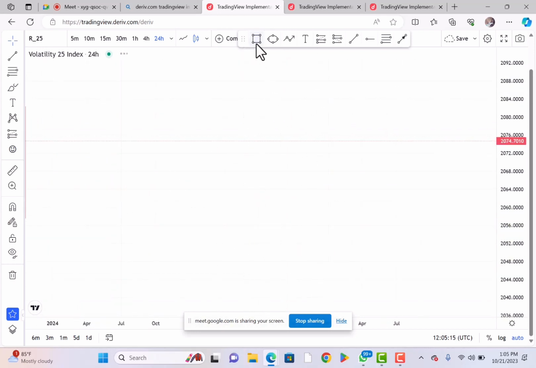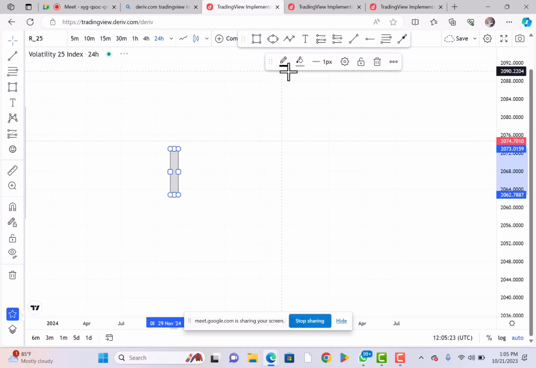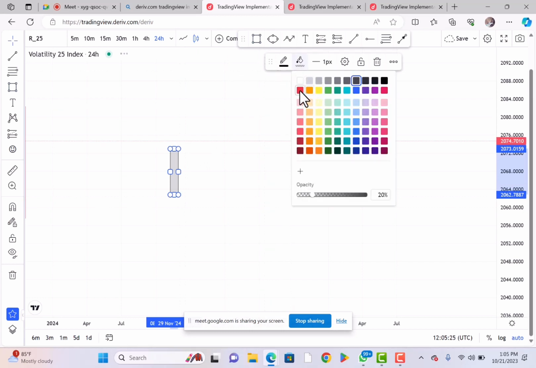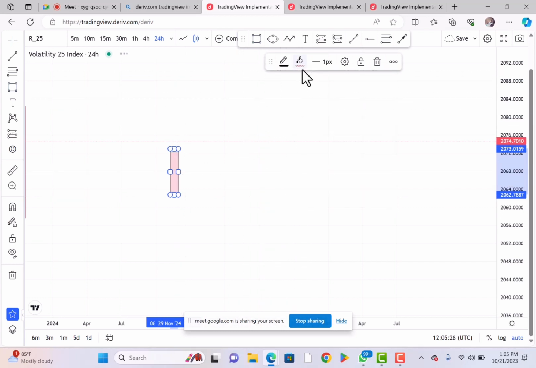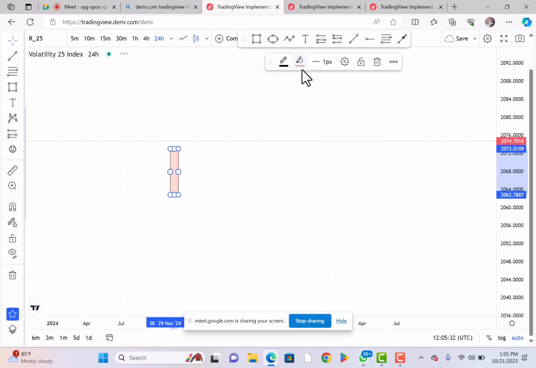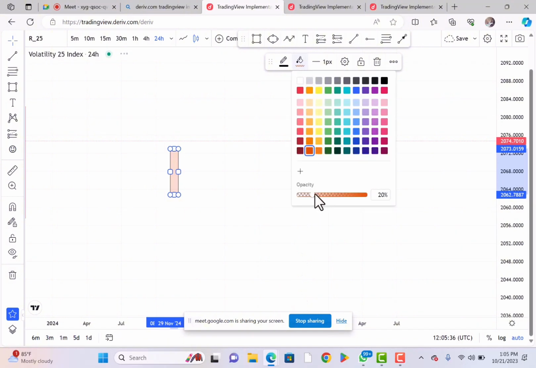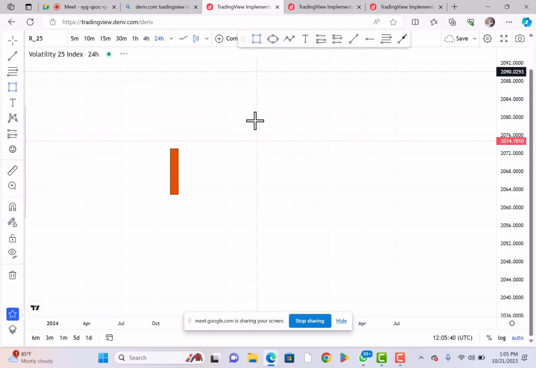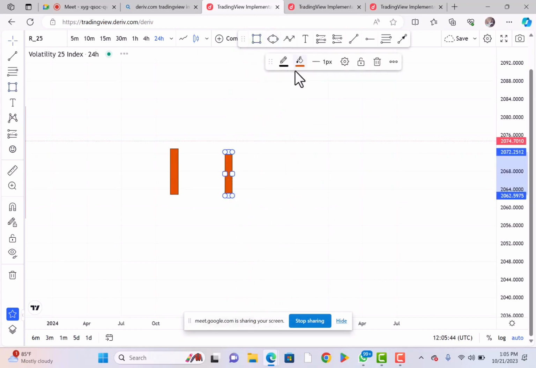Basically, there are two types of candles. You have the bearish candle, and we have the bullish candle.